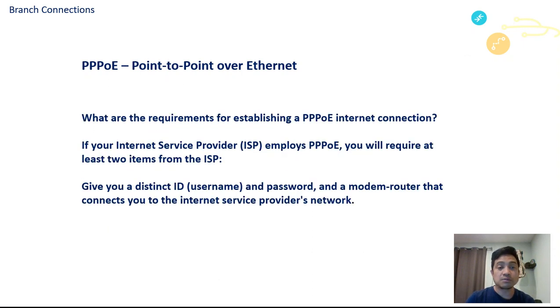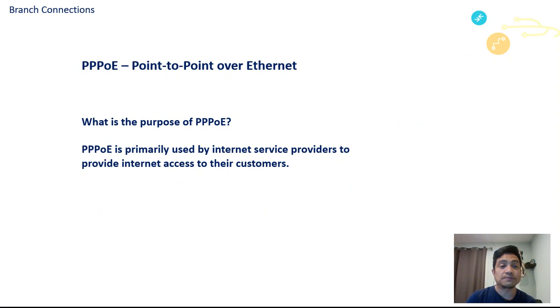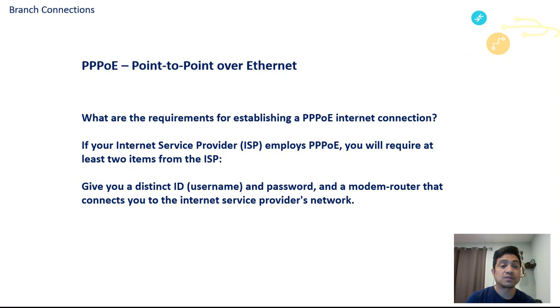So let's go to the purpose. What is the purpose of PPPoE? PPPoE is primarily used by internet service providers to provide internet access to the customer. So what are the requirements for establishing a PPPoE internet connection?